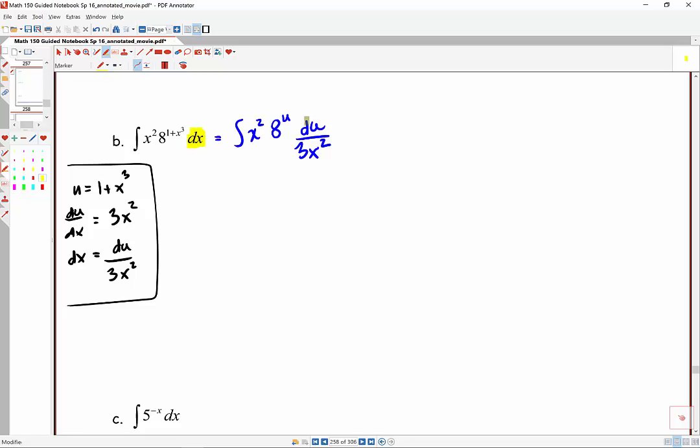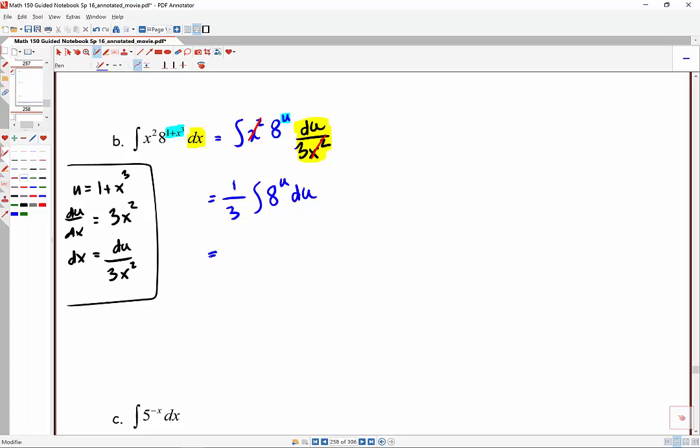So this is what went where. Our dx is all of this. Our u was 1 plus x cubed. And then fortunately, the x squareds divide out, and we're going to end up with 1/3 times the integral of 8 to the u du. And that's going to give us what?